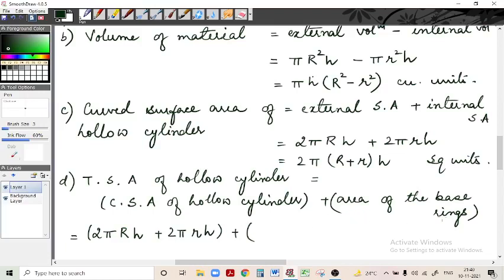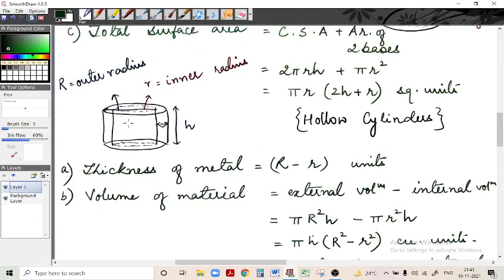So area of the base means our outer base was pi R square. This should be actually 2 pi R square minus pi r square. You know why 2 comes? 2 comes because of the top part.